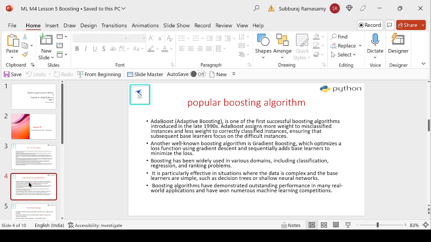Another well-known boosting algorithm is gradient boost. It optimizes the loss function using gradient descent and sequentially adds base learners to minimize loss. So two different techniques.